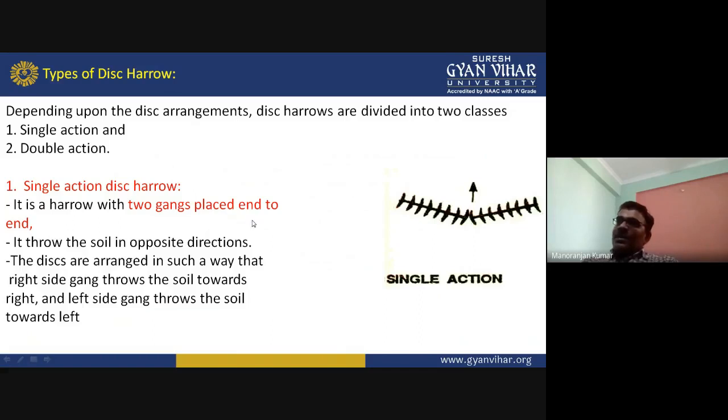So this single action disc harrow throws the soil in opposite directions. The discs are arranged in such a way that the right side gang throws the soil towards right and the left side gang throws the soil towards left.